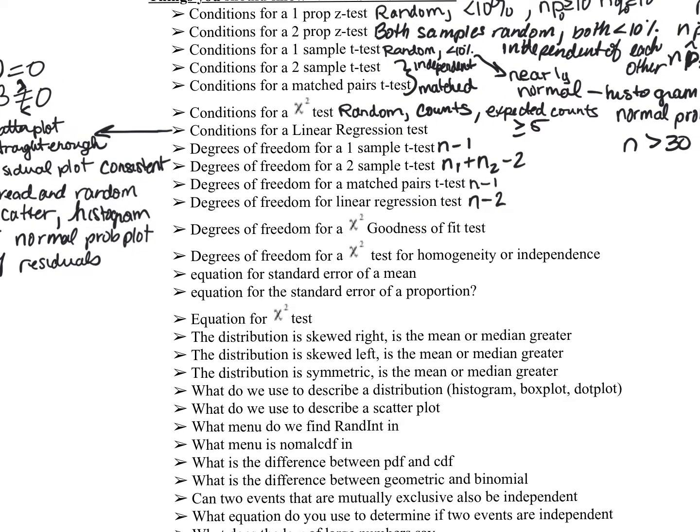How about degrees of freedom for chi-squared goodness of fit, Jalen? It's the cells minus 1, yeah. Like if we're doing M&M colors, it's the number of colors minus 1, right?